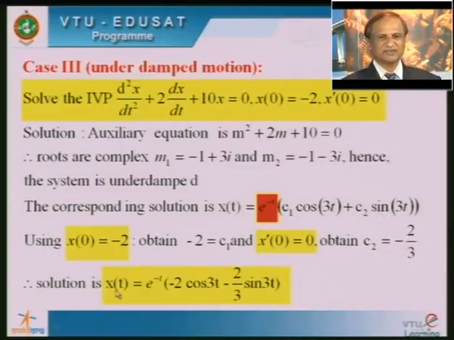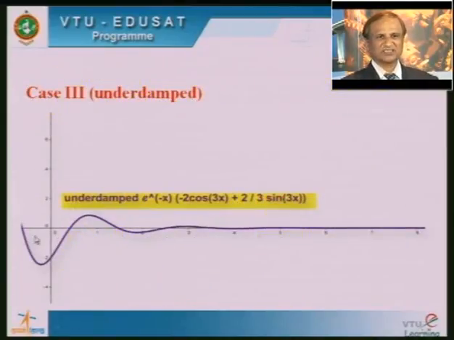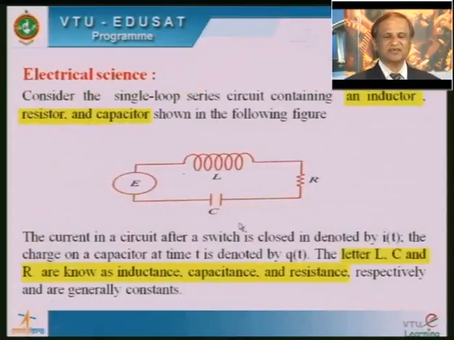Finally, we get a particular solution, e to the power minus t into minus 2 cos 3t minus 2 by 3 sin 3t, and you can draw the graph of the solution curve. Is it clear? You may get a curve like this. Initially it is damping, and as time increases, it will merge with the equilibrium position. That is the meaning of the curve.